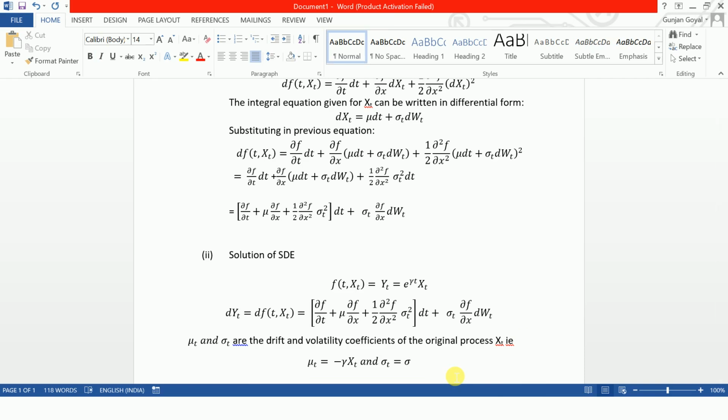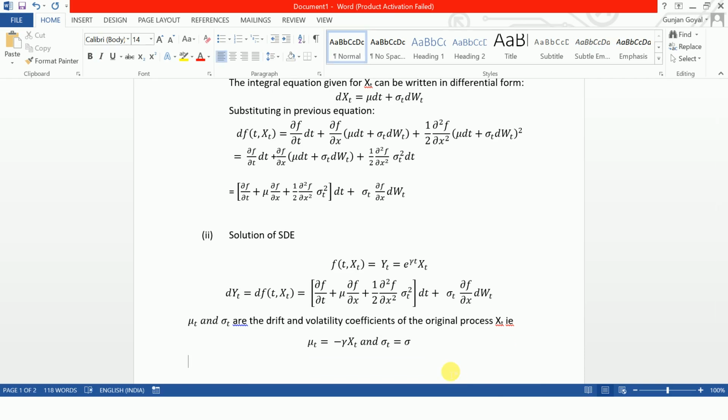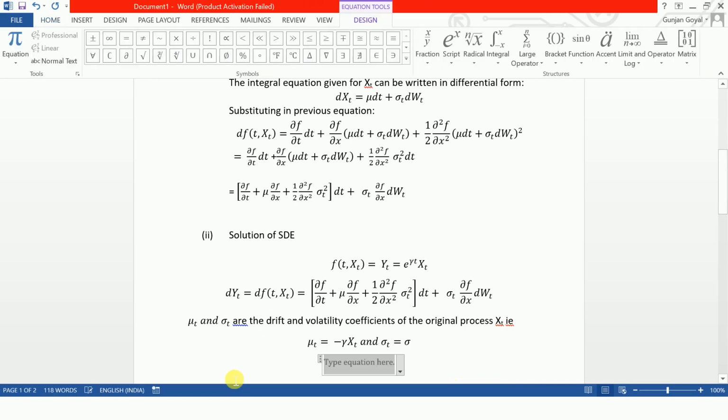So we now calculate the partial derivatives. For the partial derivatives, you write backslash del f del xt, using backslash partial del x underscore t. Then space, and this will be converted.